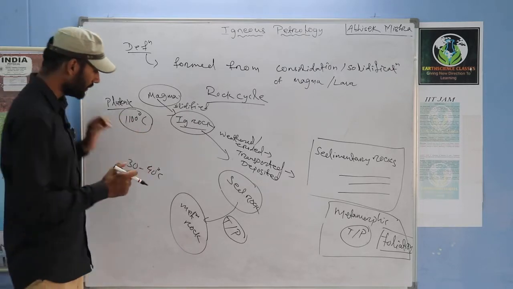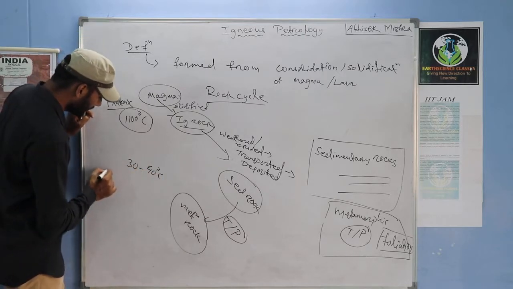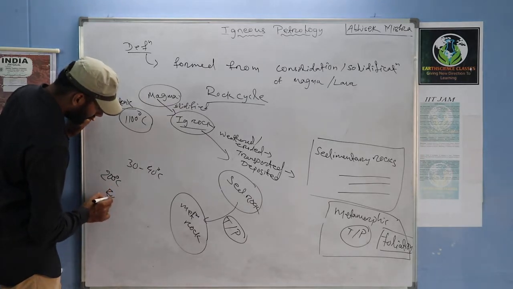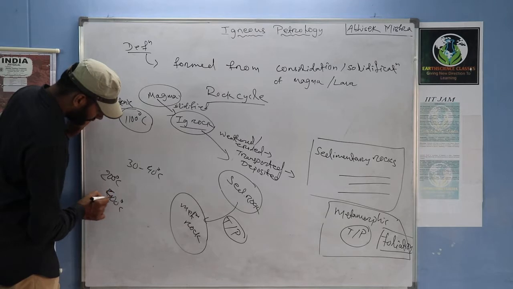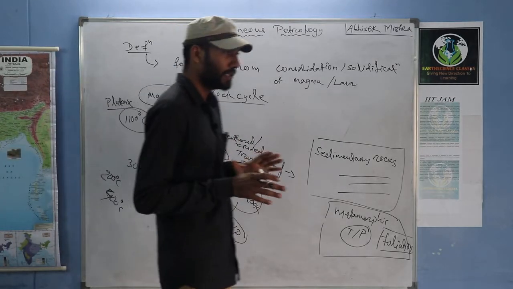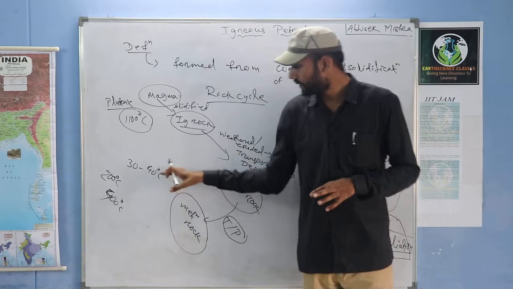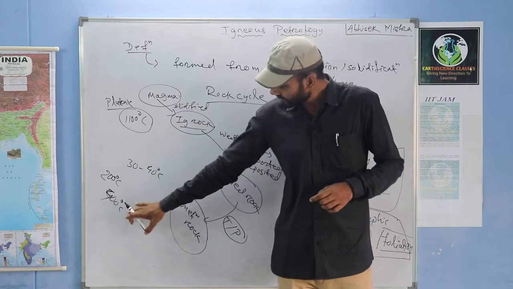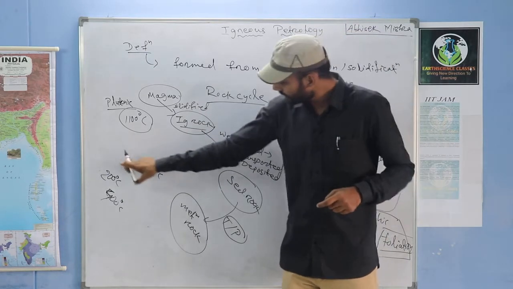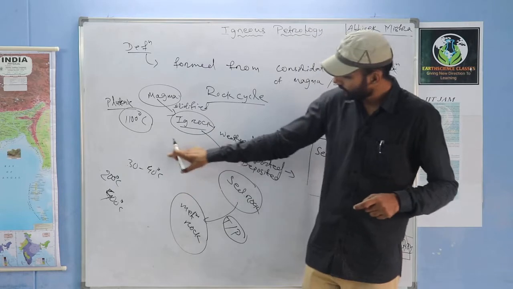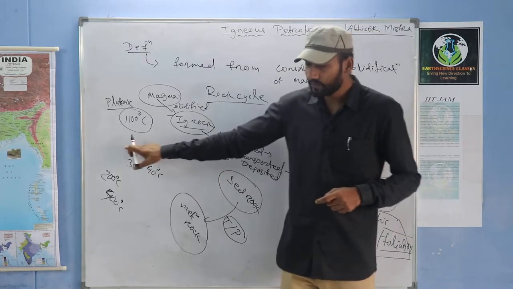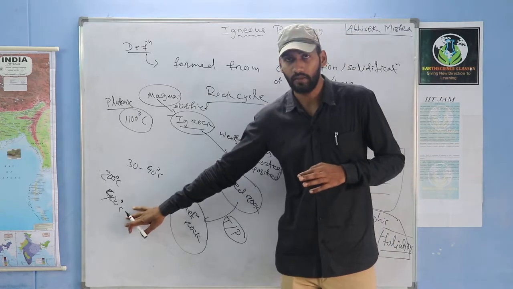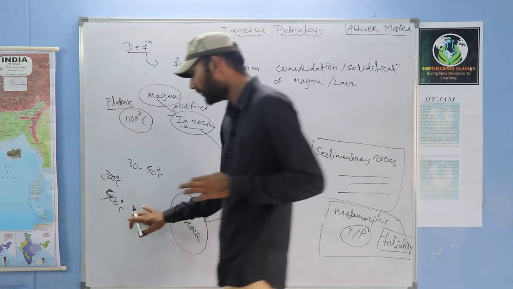I am talking about going from 30 or 40 degrees to, let's say, 200 or 400 degrees centigrade. The rock formed earlier is now subjected to higher temperature and pressure, and the mineral assemblages formed at surface temperature and pressure are no longer stable.